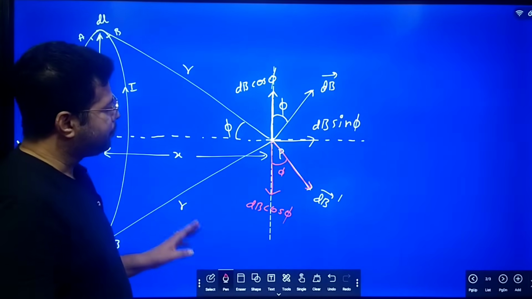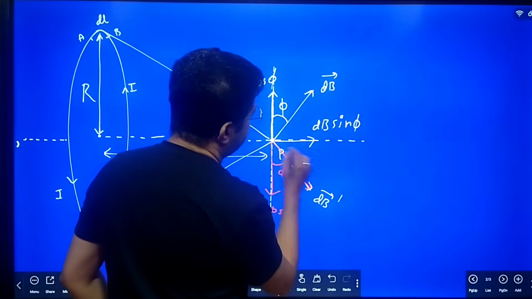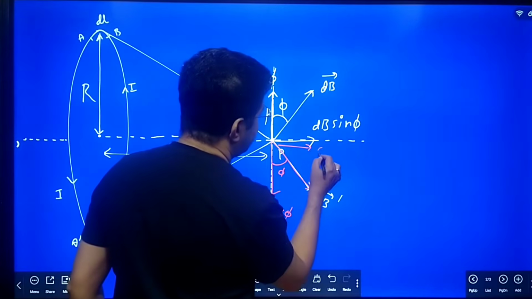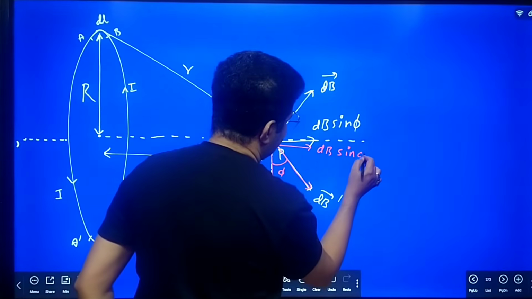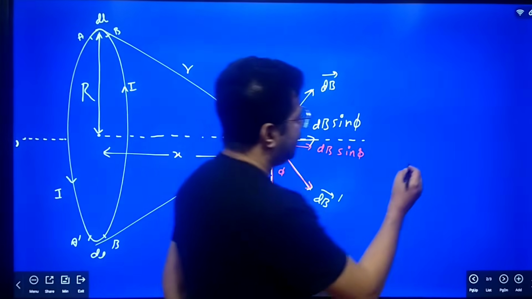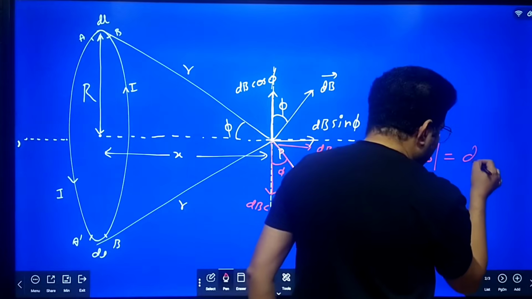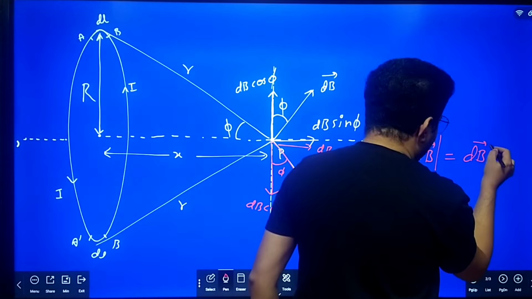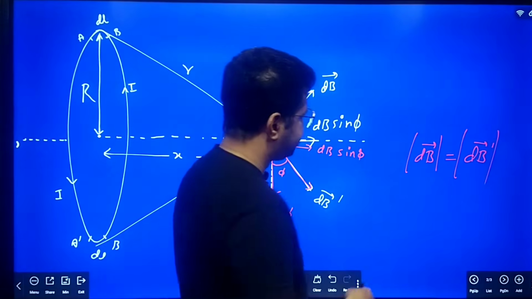What is the component of dB prime in this direction? dB sin phi. So why have I written dB here? Because the magnitude of dB is equal to the magnitude of dB prime.